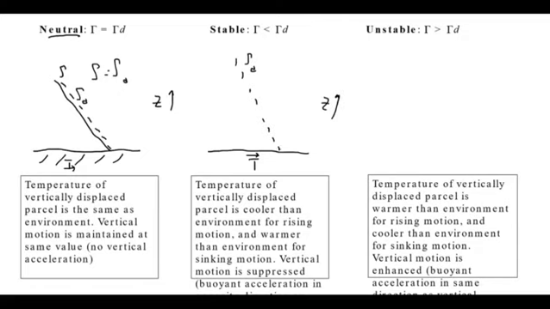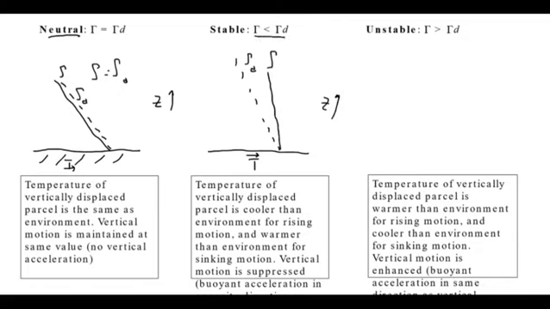So to draw that, we'll draw a line that does cool with height, but maybe at a lesser rate than gamma D. That would be what gamma is. This would be a situation where gamma is less than gamma D.